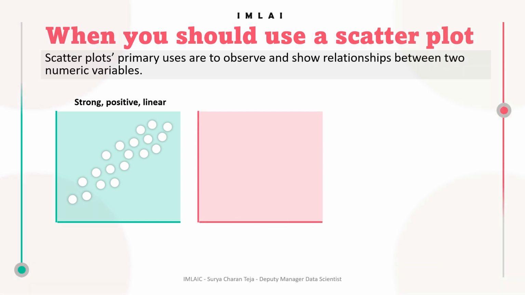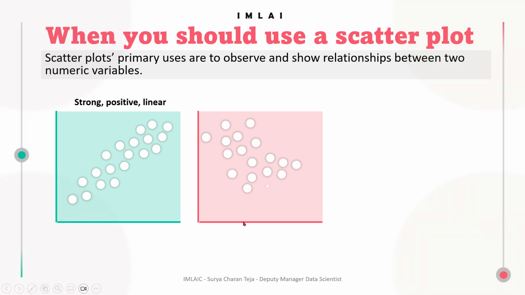And the other type: this is negatively correlated. So y is the dependent variable and x is the independent variable. When x is increasing, y is decreasing. You see that x is increasing and y is slowly coming down.